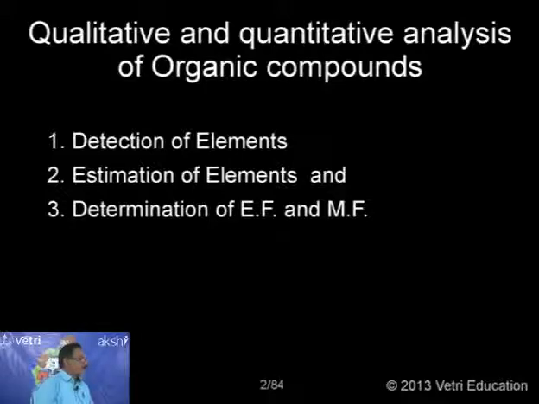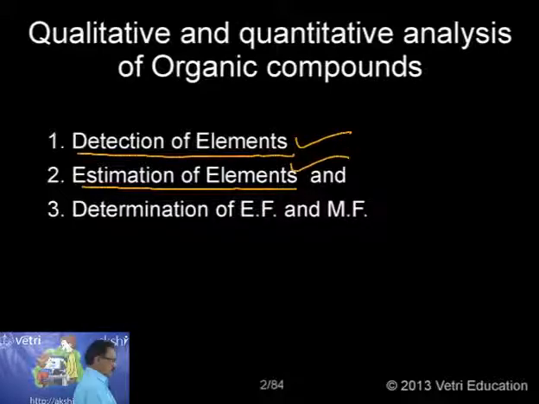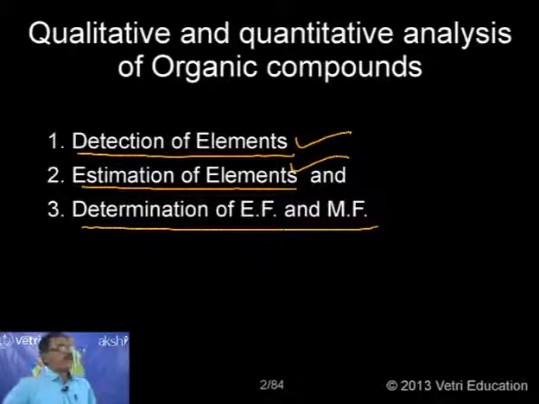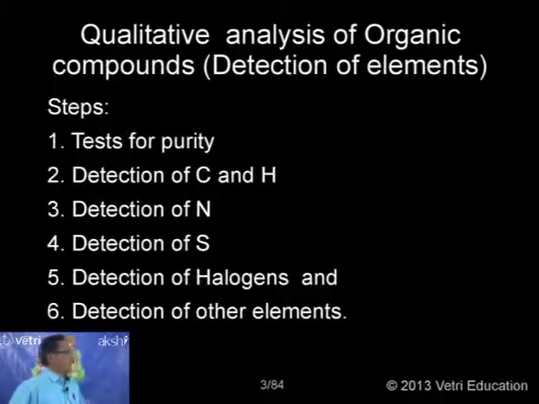Today, under this heading, qualitative and quantitative analysis of organic compounds, I am going to discuss three headings. One is detection of elements, number two, estimation of elements, and number three, determination of empirical and molecular formula, if time permits. First, qualitative analysis of organic compounds, that is, detection of elements.